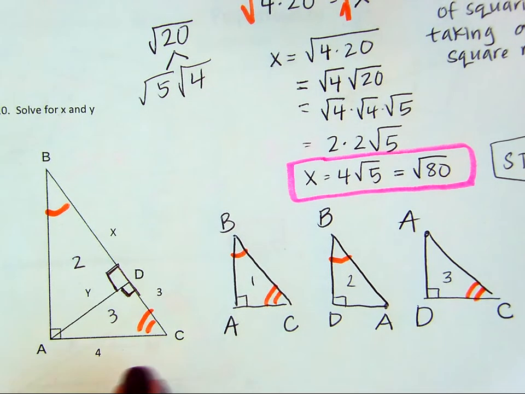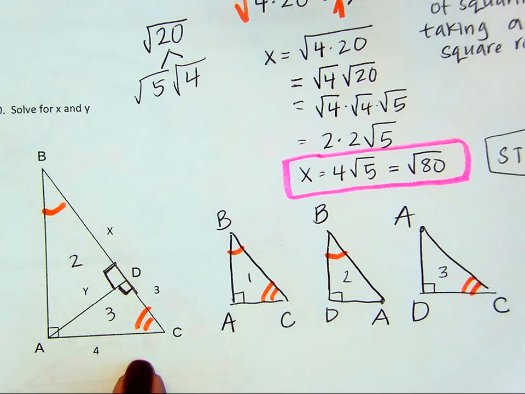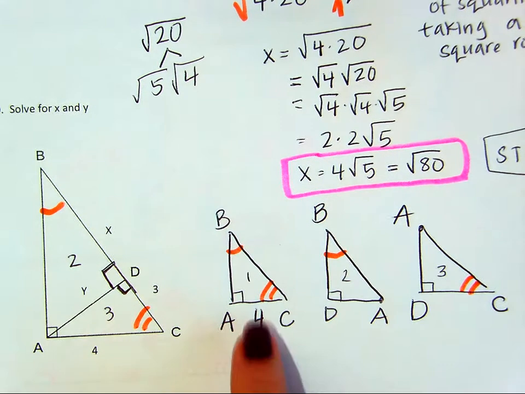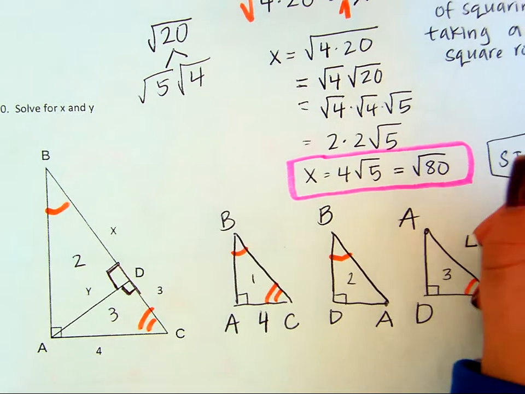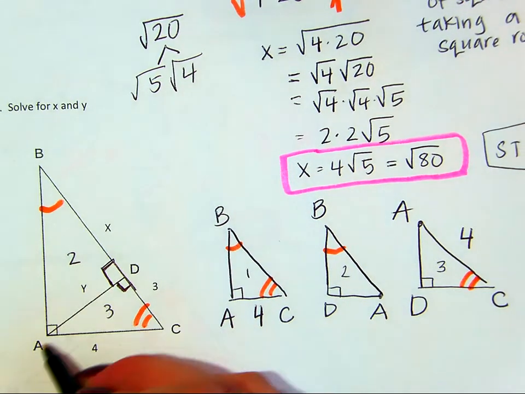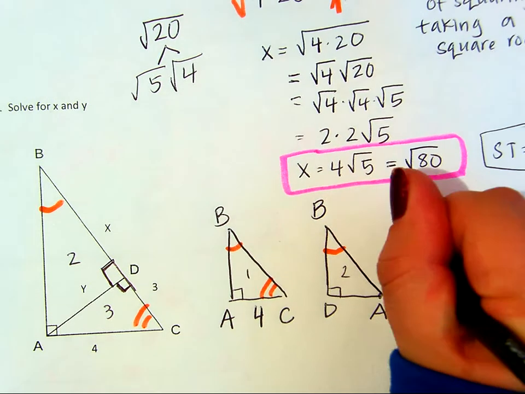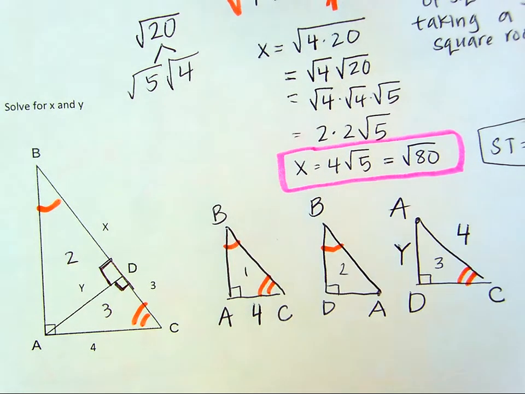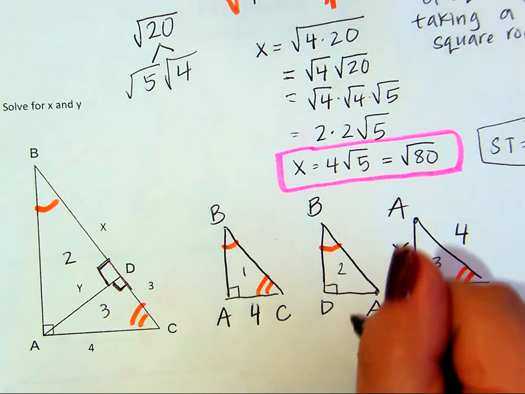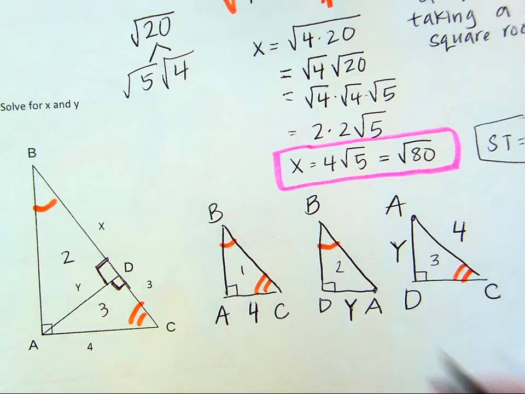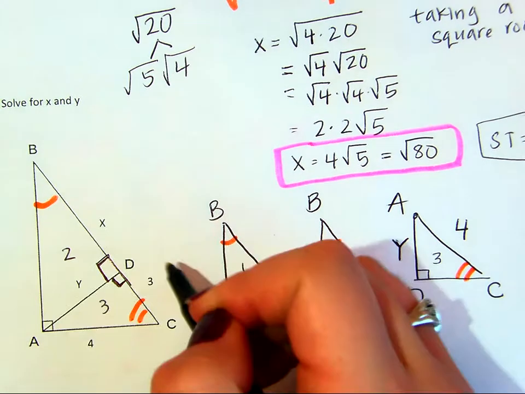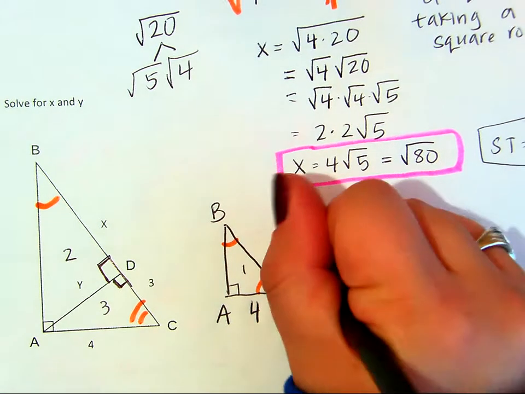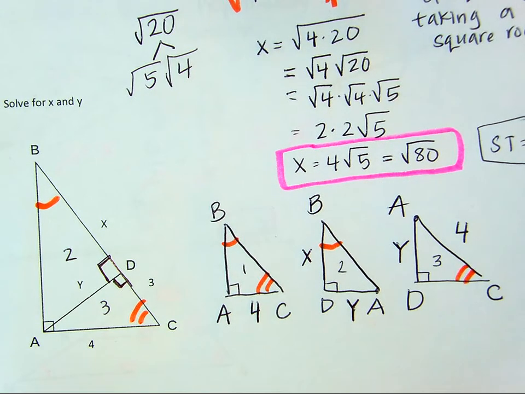So AC is 4. Where's AC? AC is over here. 4. AD is Y. BD is X. DC is 3.